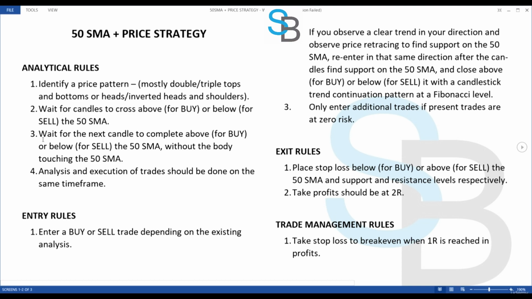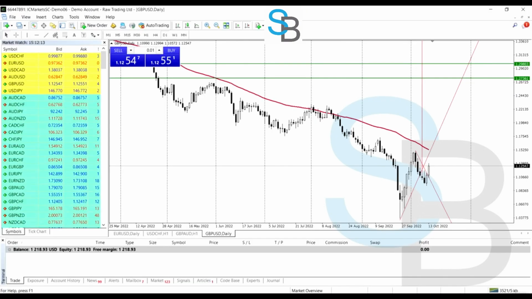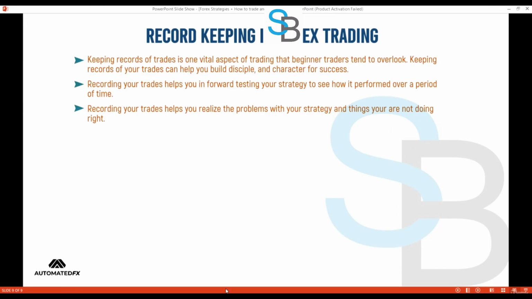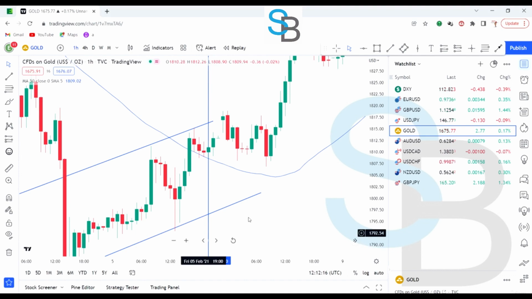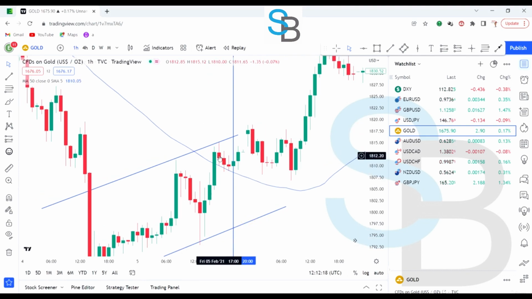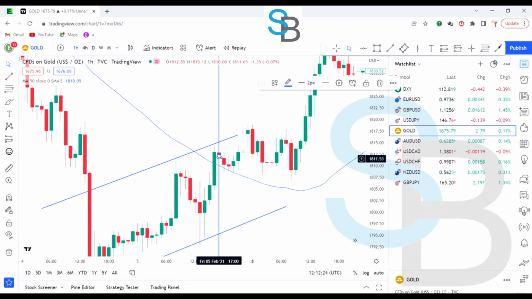And then we now wait for the next candle to complete above for buy or below for sell the 50 simple moving average. And that's what we have here. As you can see, even though this is a sell candle, it completes above the 50 simple moving average.